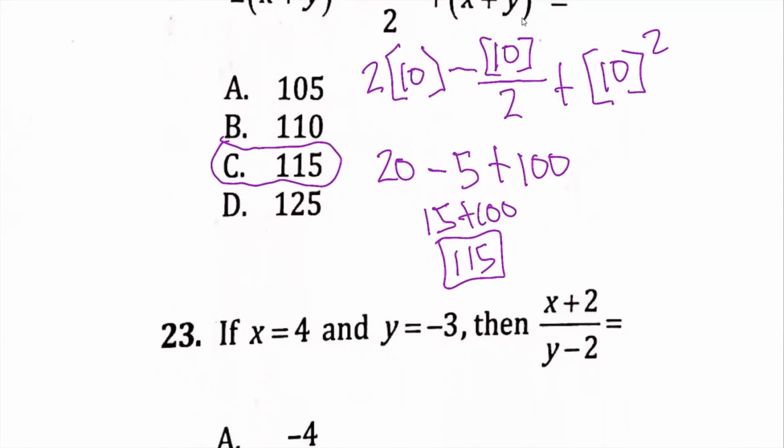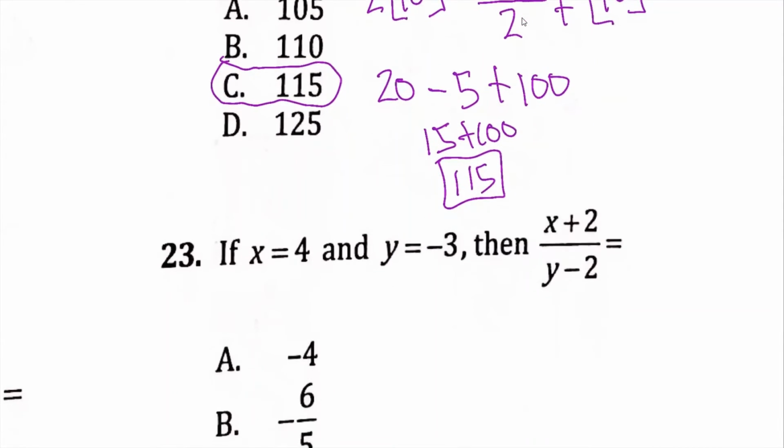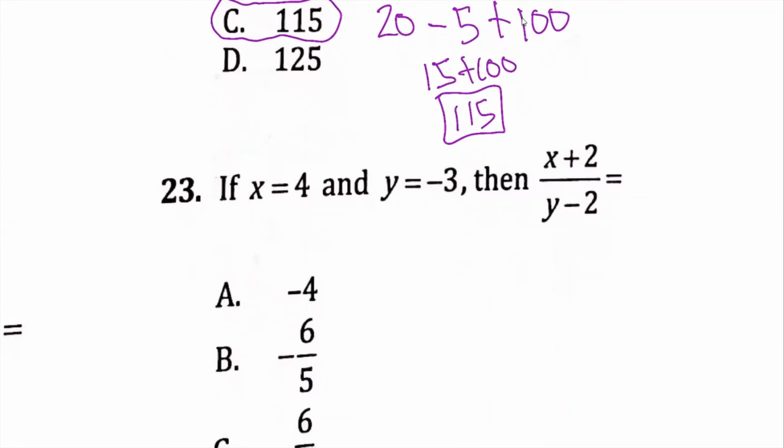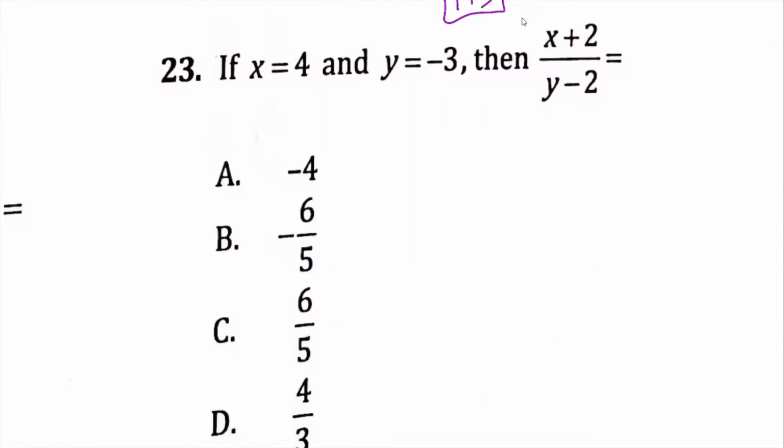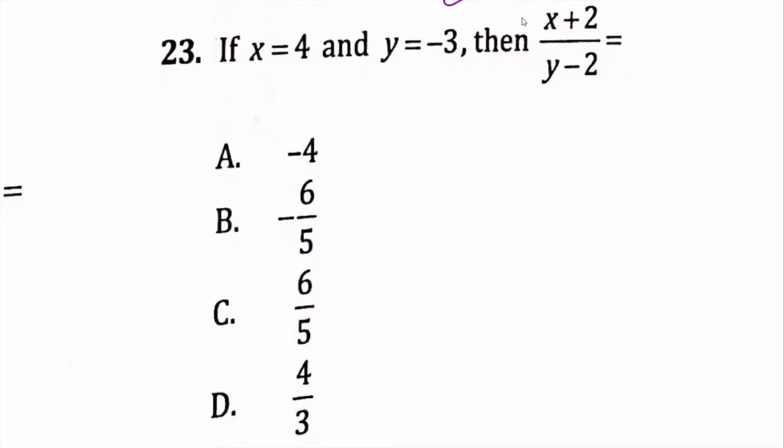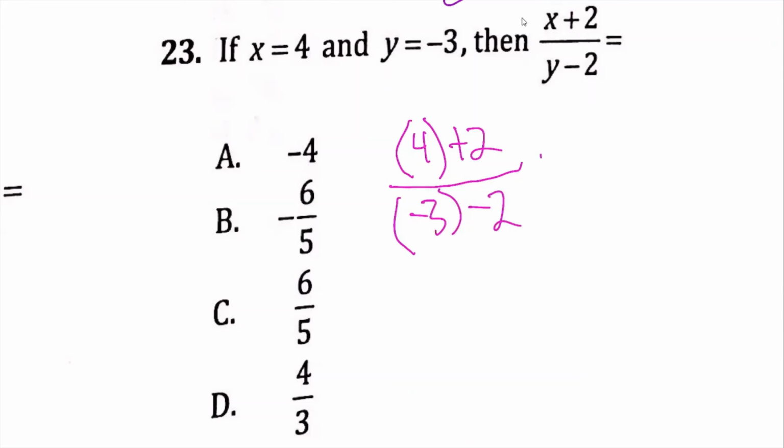All right, moving on. Hopefully this is easy for you guys. It's just knowing when to plug and chug. So now here, x equals 4, it's going to go here. y equals -3, it's going to go here. And that's all we're doing with these problems. So we have, right, parentheses, 4 plus 2 all over parentheses, -3 minus 2.